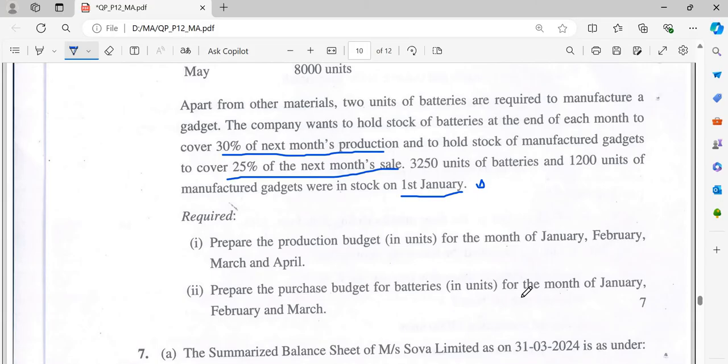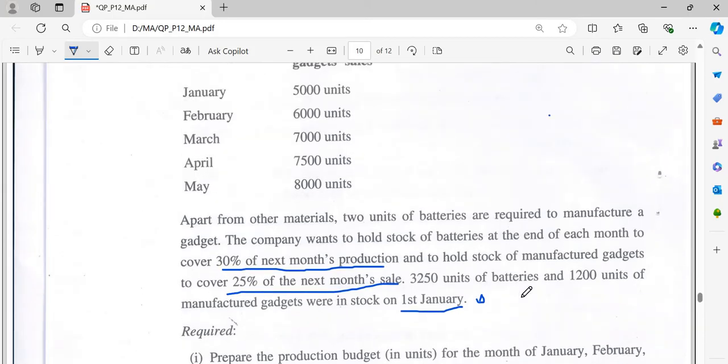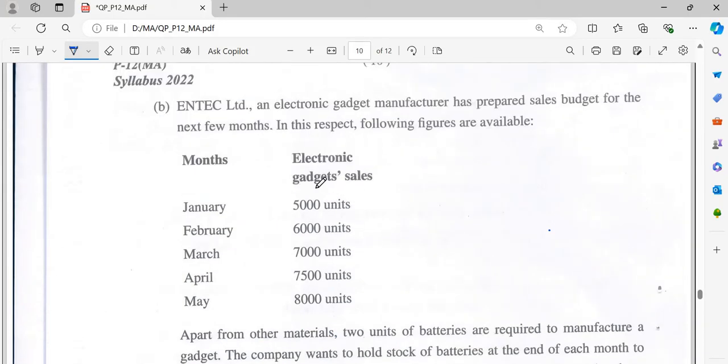So we need to prepare the production budget as well as the purchase budget. First we will prepare the production budget. Production is purely based on gadgets, right?